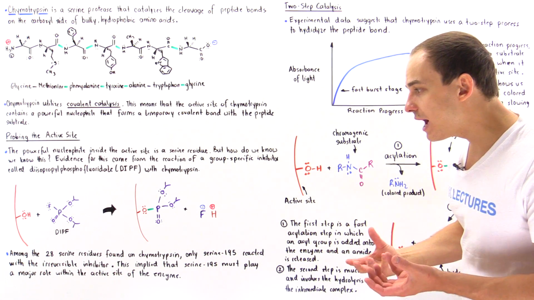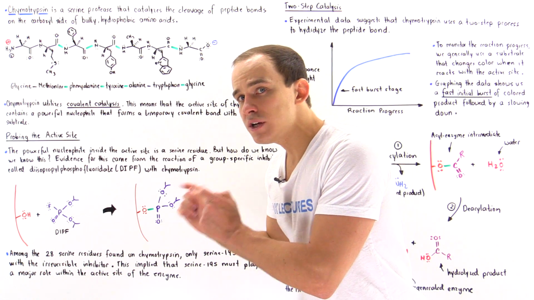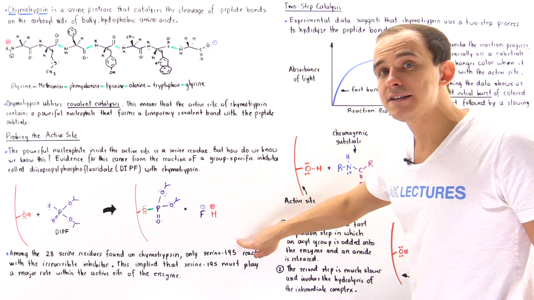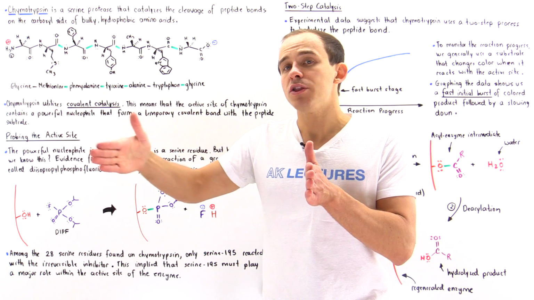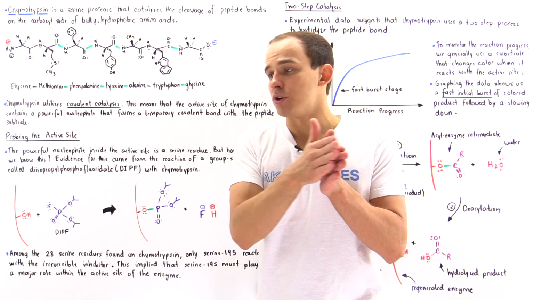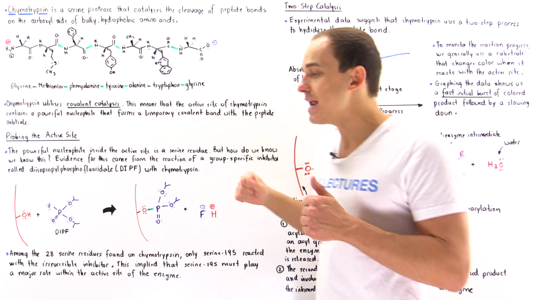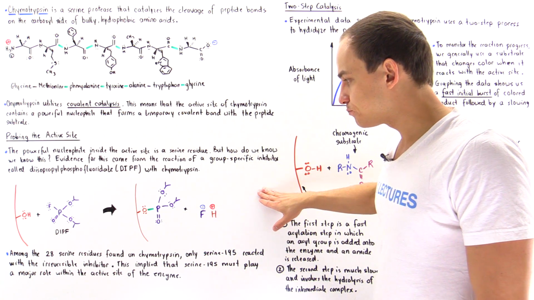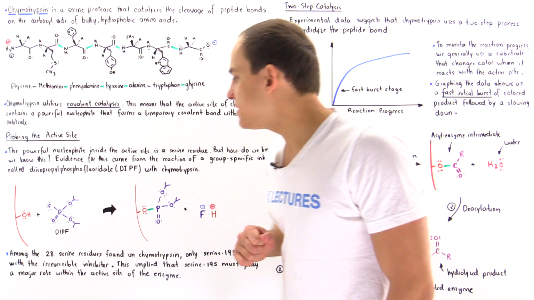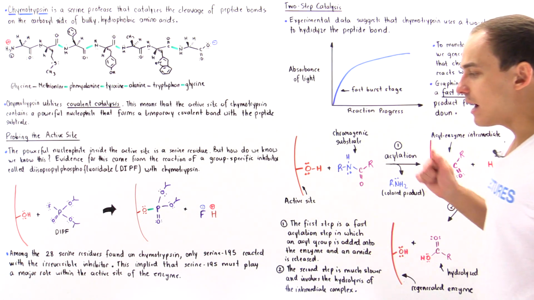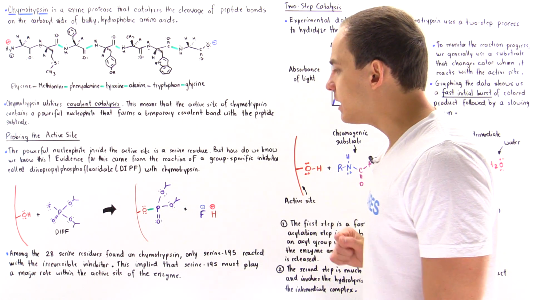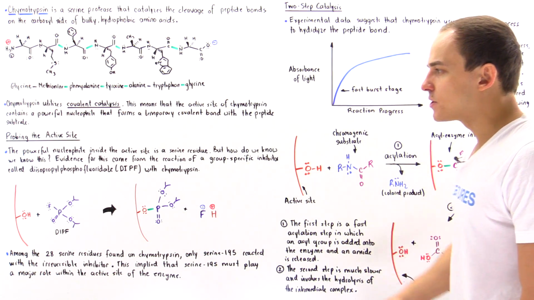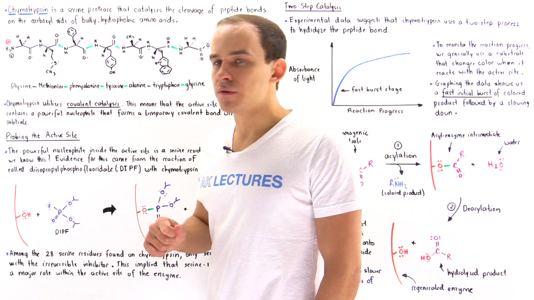That serine has the number 195. So if we count all the amino acids beginning with the first one along the entire polypeptide chain, this serine will be labeled as 195. Among the 28 serine residues found on chymotrypsin, only serine 195 actually reacted with this irreversible inhibitor, diisopropyl phosphofluoridate.